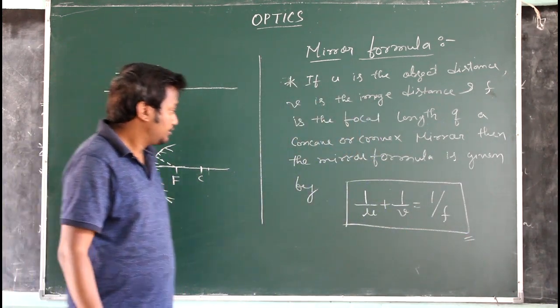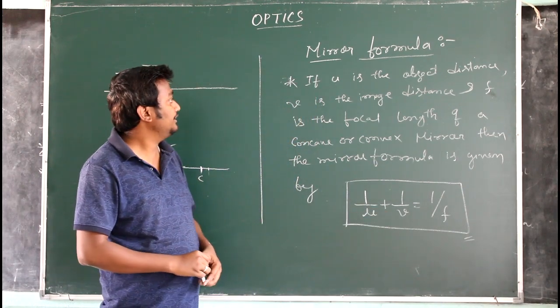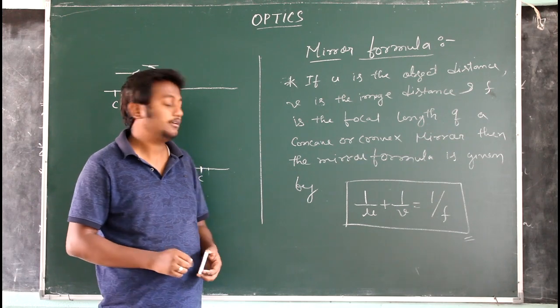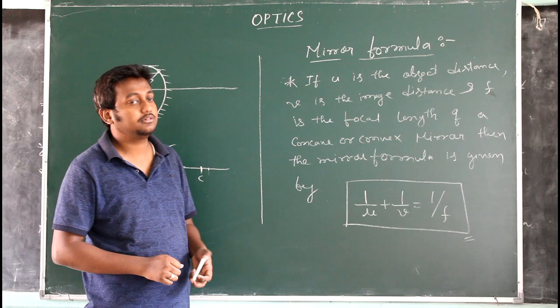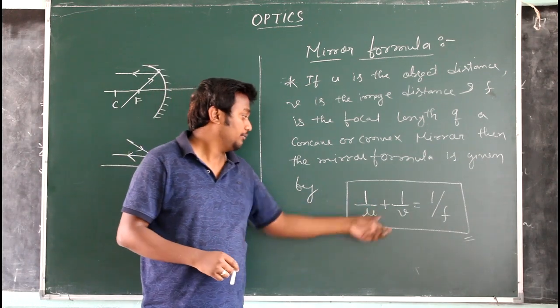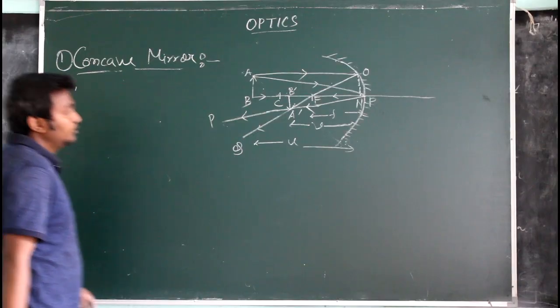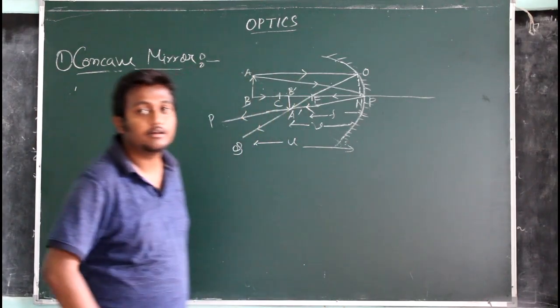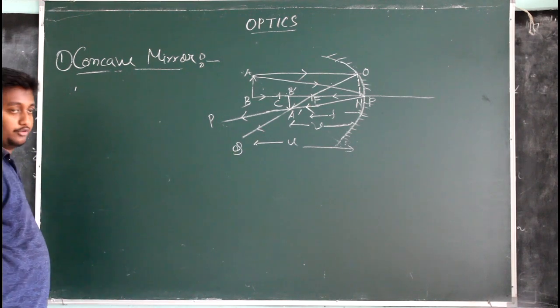Okay. So we will derive this mirror formula by using concave mirror and convex mirror. So now I discuss the derivation of the mirror formula by using a concave mirror.